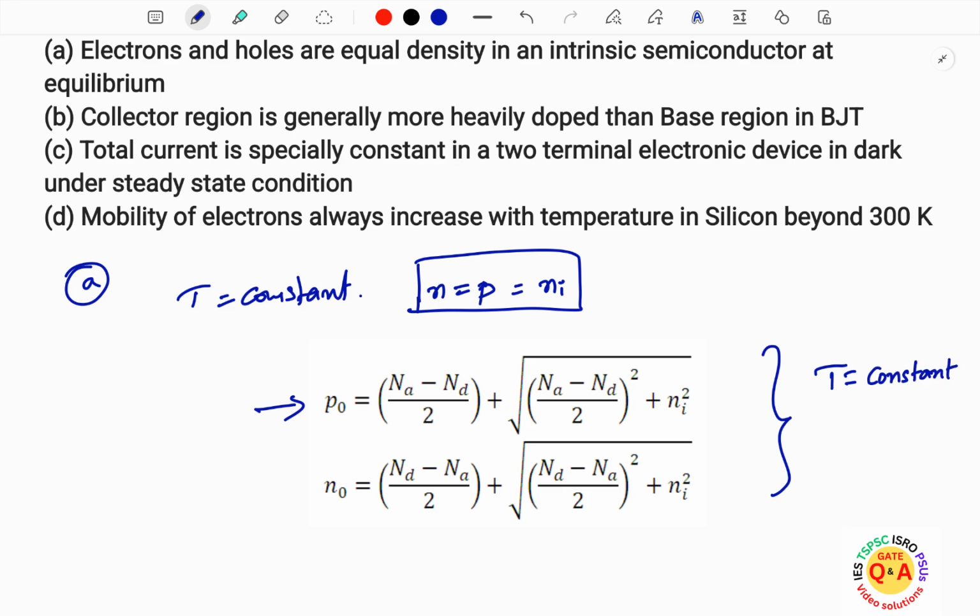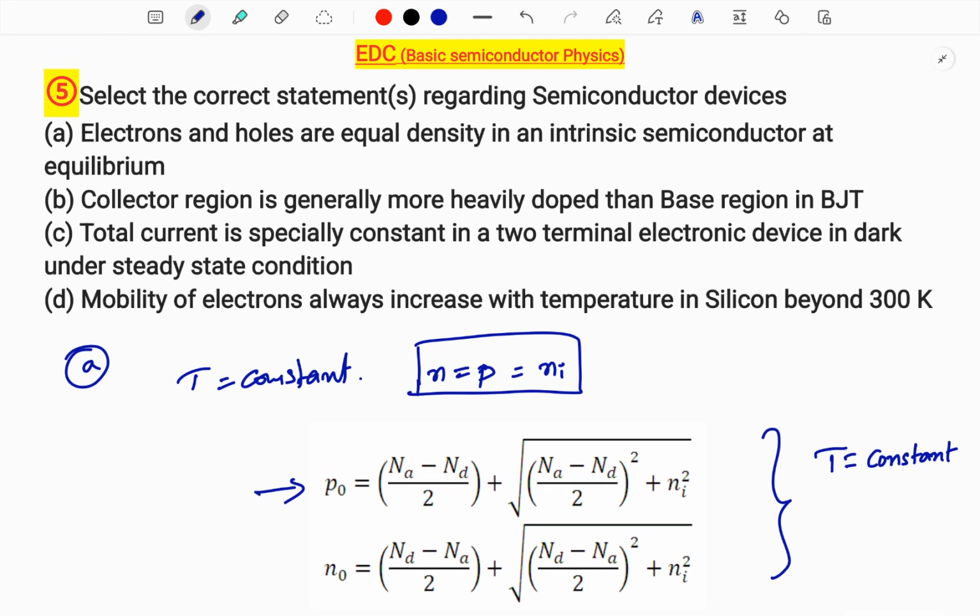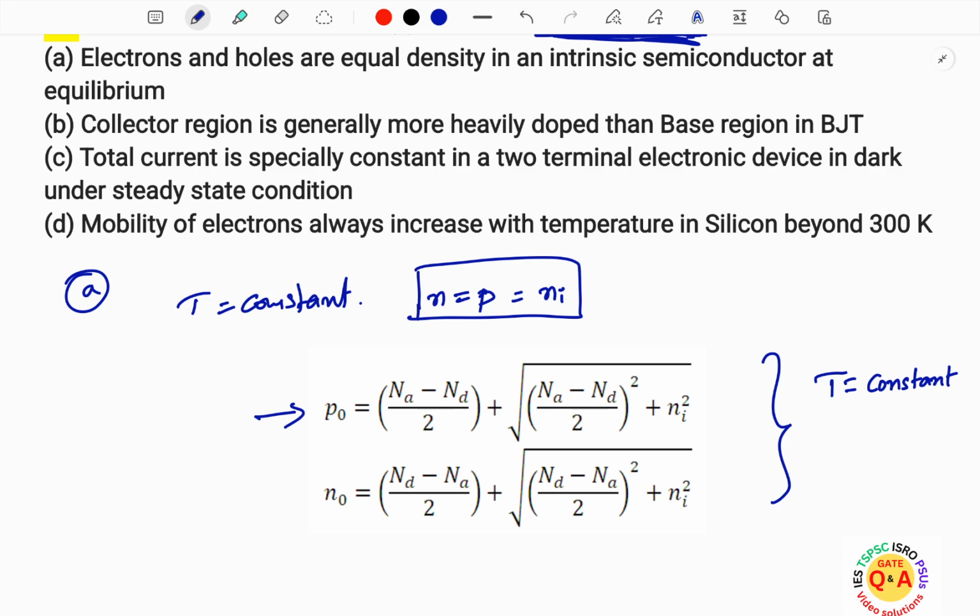In option A, at equilibrium means thermal equilibrium, and it is also a pure semiconductor. No doping levels or type of semiconductor is given. Then doping is 0, means Na is equal to 0 and Nd is equal to 0.